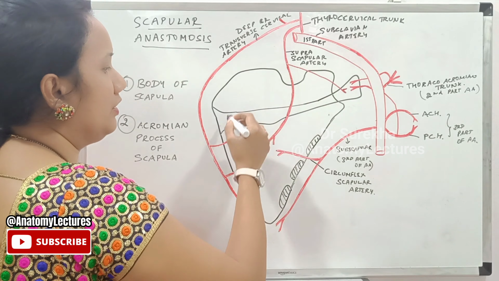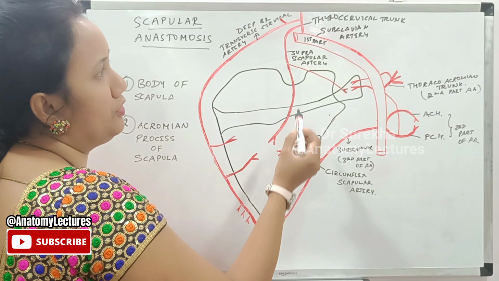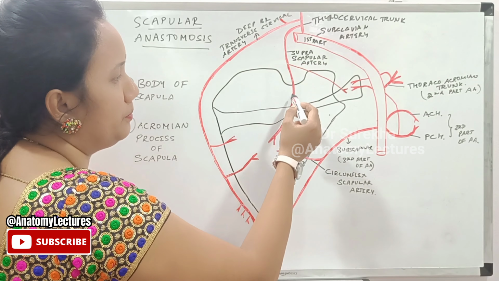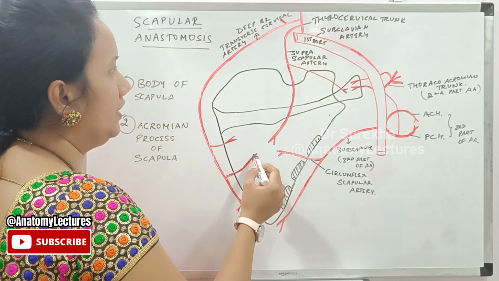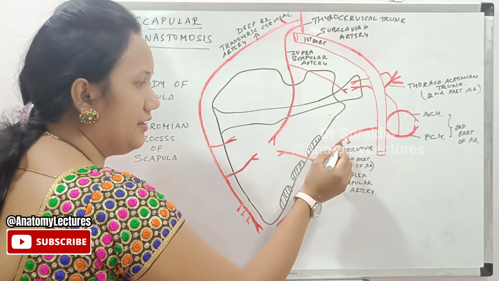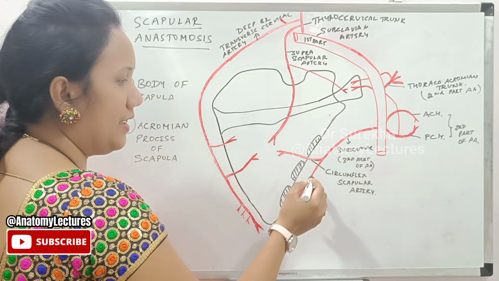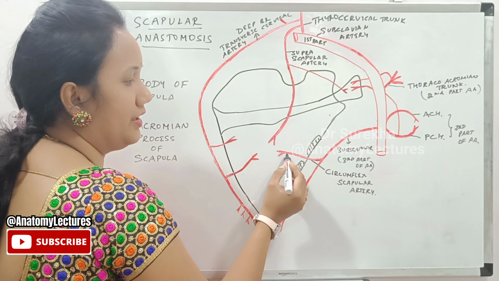So along the body of the scapula, you see anastomosis between the suprascapular artery, branches of the deep branch of transverse cervical artery, and the subscapular artery, which is giving off one branch, that is circumflex scapular artery.